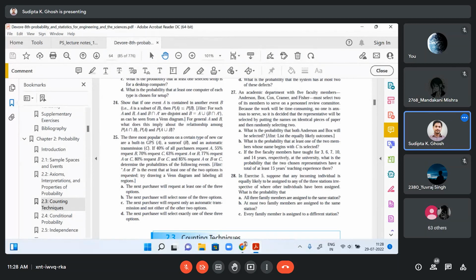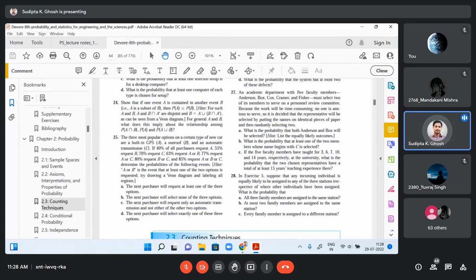The three most popular options on a certain type of new car are built in. Nowadays new cars are coming with different types of technologies involved. All of you know this.